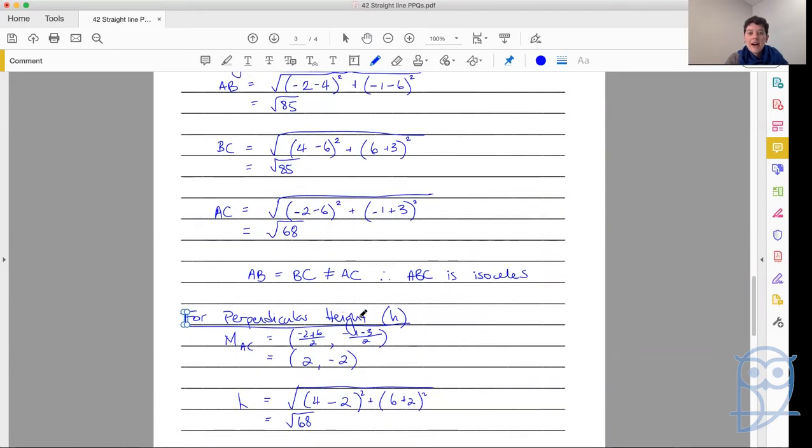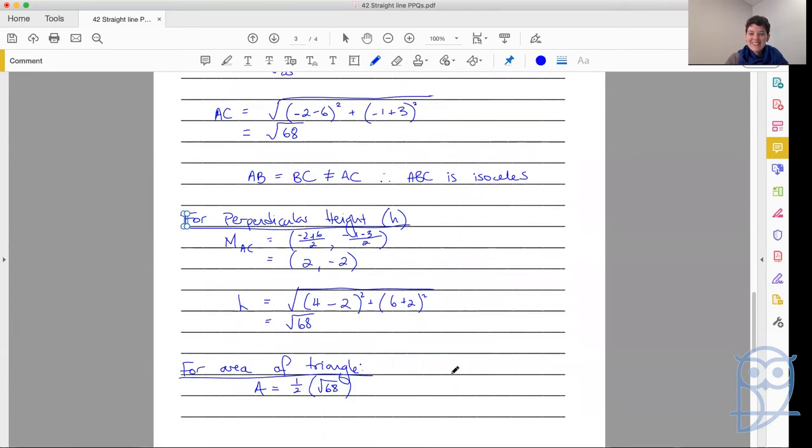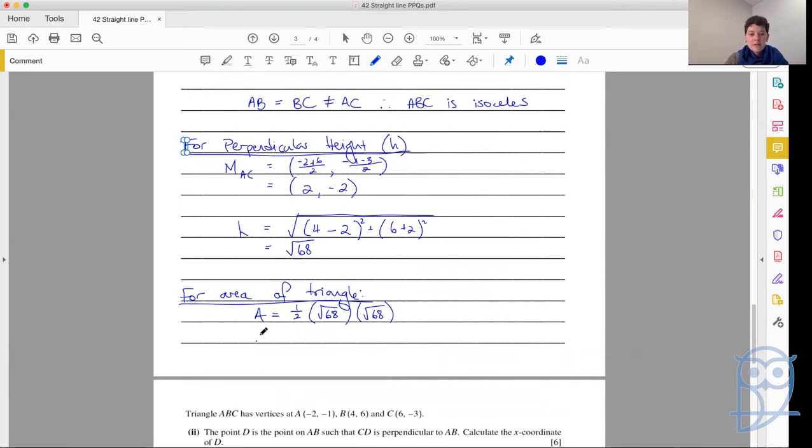And then our height is also the square root of 68. Well, the root of 68 times the root of 68 is 68. 68 divided by 2 is 34. So just square units, we're working with a graph, we're not working with measurements in this case. So area of our triangle is 34.